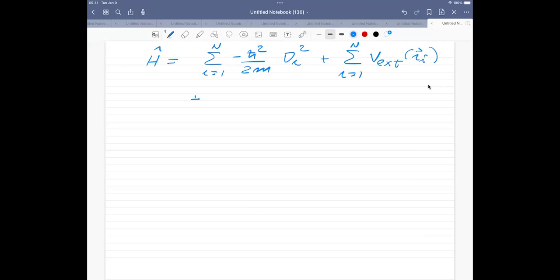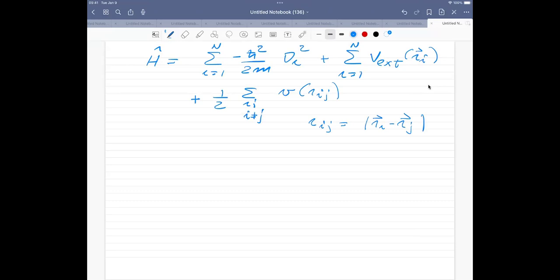And finally, we have a plus 1/2, and we have a sum over i and j, where i is different from j. And then we have some interaction, which I just label as a v of the difference, as a function of the difference between i and j. And this r_ij is now simply the relative distance and its absolute value.